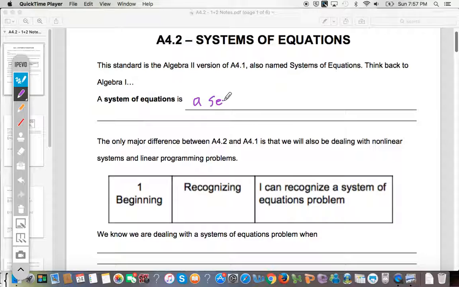a set or a collection of points that we deal with at one time.